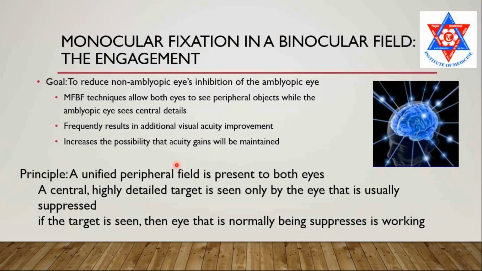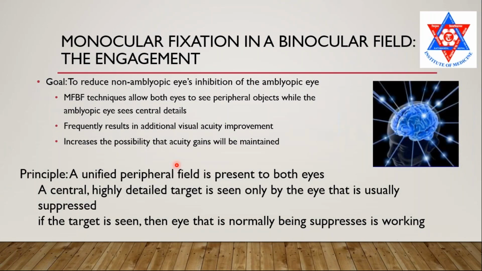Then we need to consider on an individual basis whether to continue or stop the monocular therapies. If the visual acuity is 6 by 18 and the performance of the child during all the vision therapy procedures is not so good, then we'll plan to continue the monocular therapy activities until the patient reaches a visual acuity of 6 by 12 or something like that.